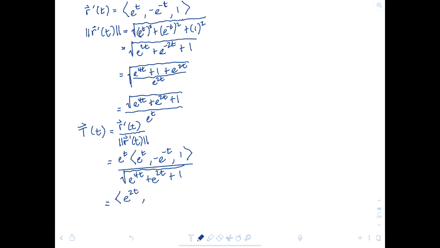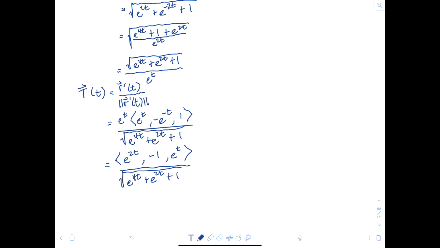And then here we'd have e to the t times negative e to the negative t, so I believe we'll just get, beautiful, negative 1, and then e to the t all over the square root of e to the 4t plus e to the 2t plus 1.